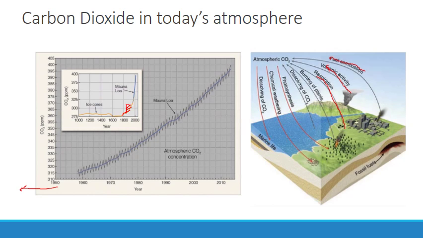What draws the CO2 out of the atmosphere, the reason why we see a down turn in the average amount of CO2 in the atmosphere, is that we have a lot of photosynthesis, a lot of chemical weathering. That's the decay of rock material on the surface of the planet. And we also see a dissolution of CO2 by marine life.